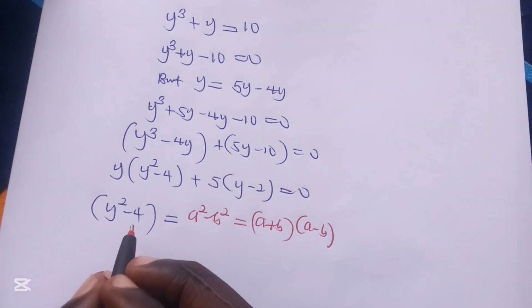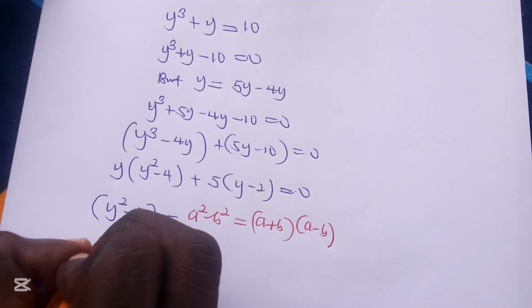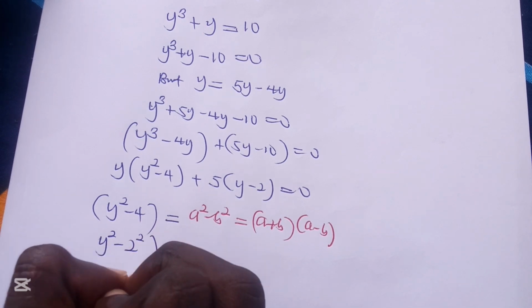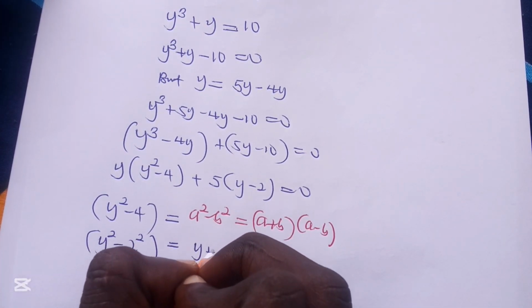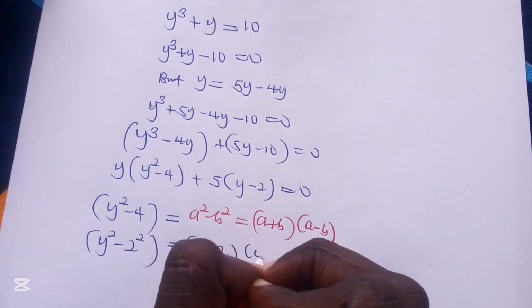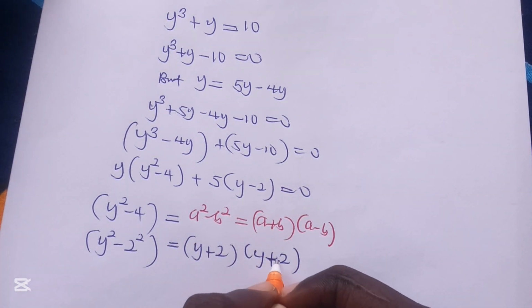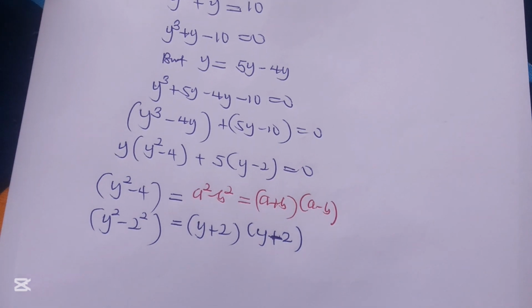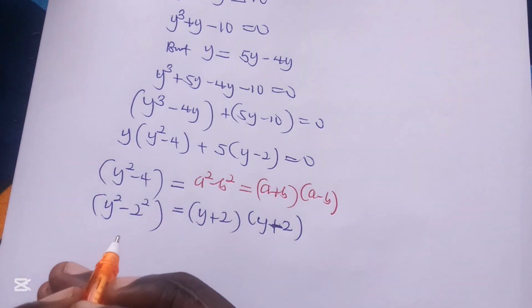Now we can say this is y squared minus 2 squared, which equals y plus 2 into y minus 2.